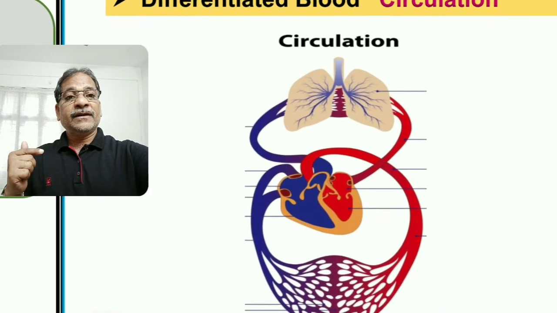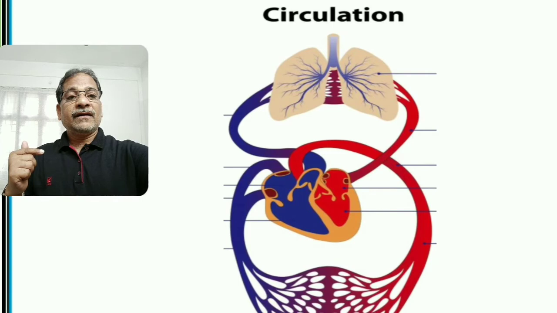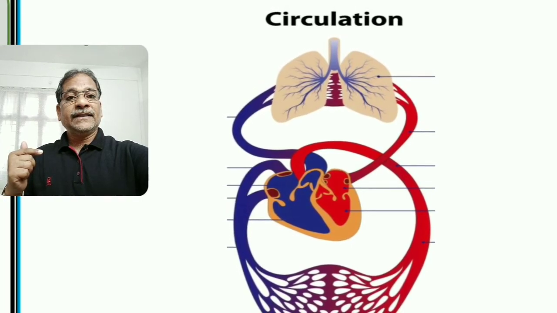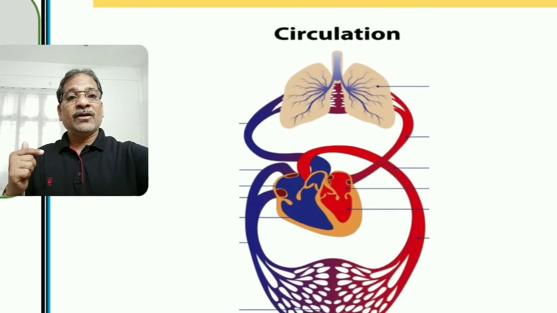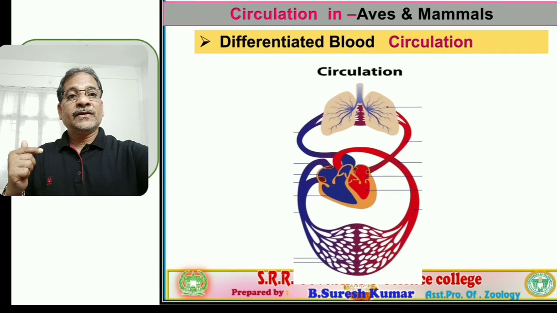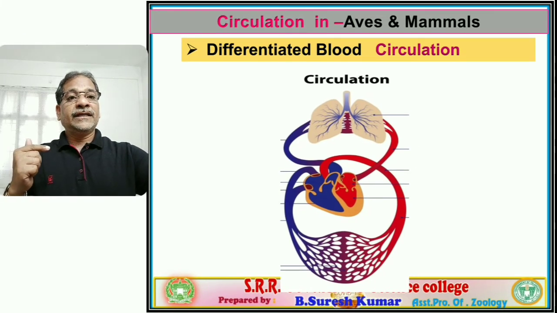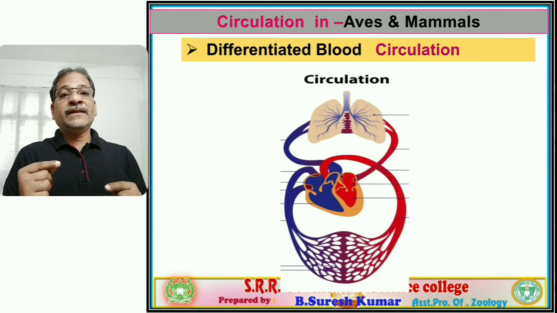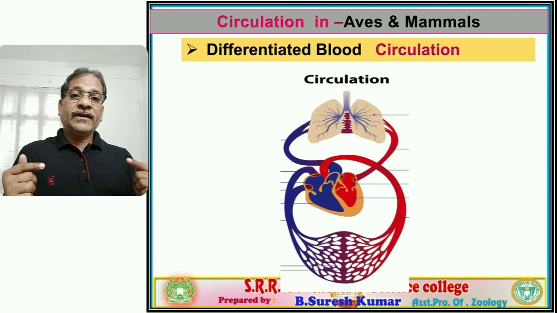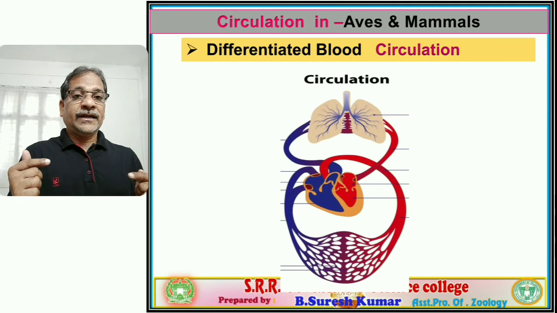Left side chambers contain oxygenated blood that are marked with red color. Right side chambers contain deoxygenated blood are marked with blue color. So the heart pumps the blood in two tracks. One is systemic circulation and the second one is pulmonary circuit circulation.